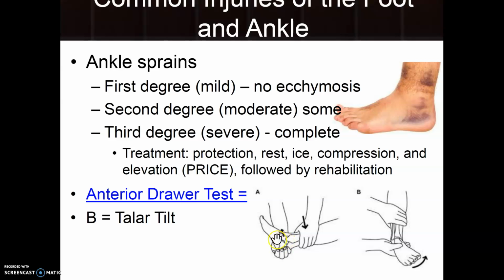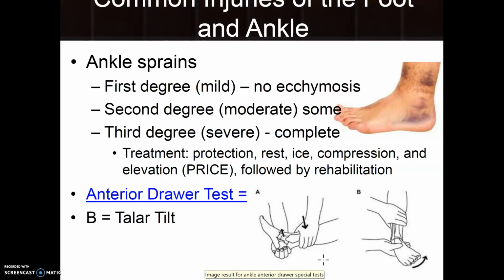When the anterior talofibular ligament is in place, there is some resistance to that foot being drawn forward. When the anterior talofibular ligament is not there, that laxity will start to show up and the foot will draw itself forward without any ligamentous support stopping it. And then again, you would use the uninvolved side to compare your findings.